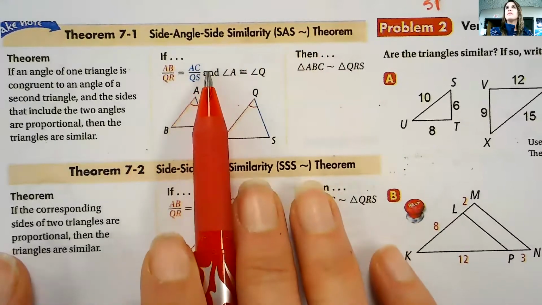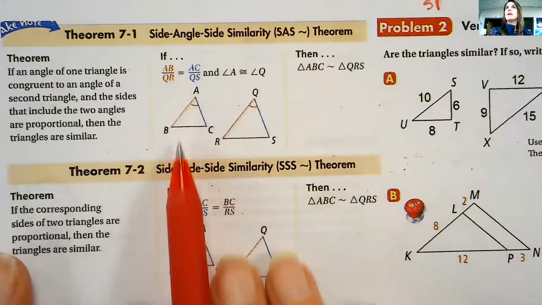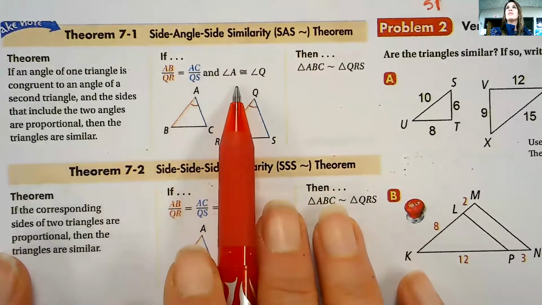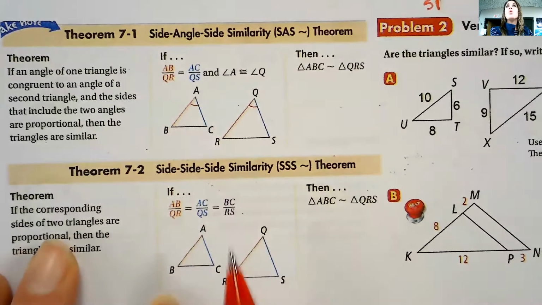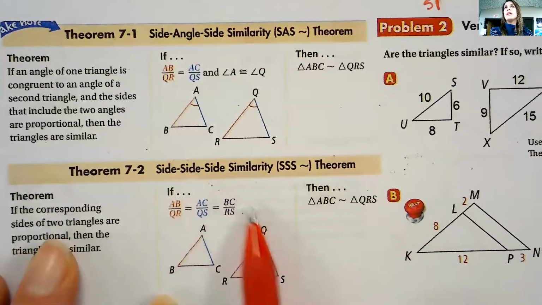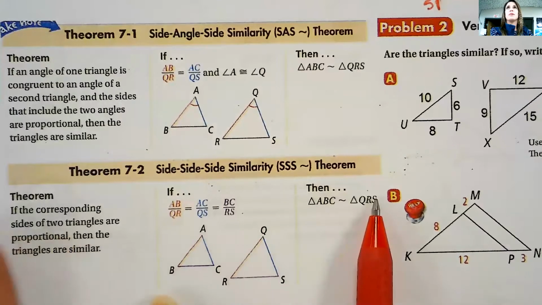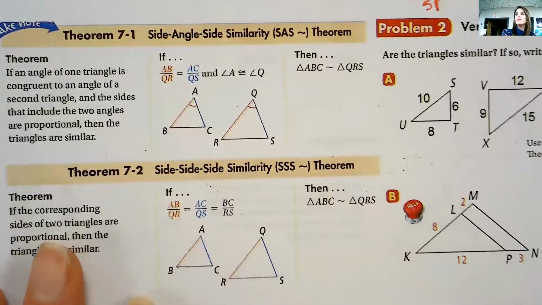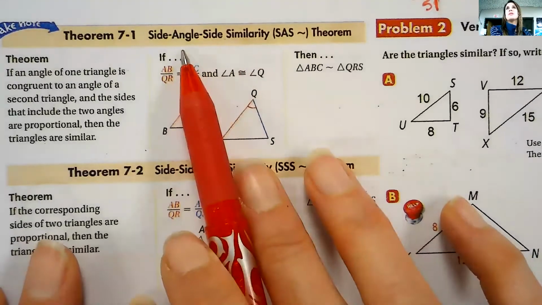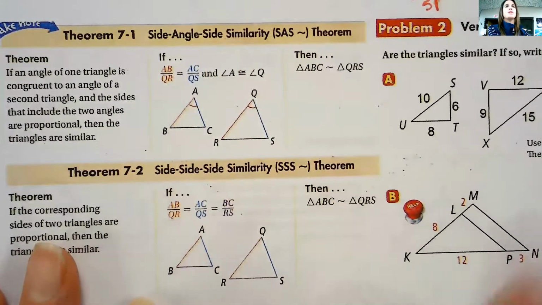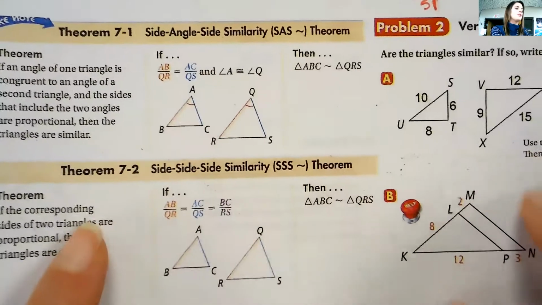Okay, so that's shown here. So you have to check and see, are two of the sides proportionate? And do we have a congruent angle? Then you can tell the triangles are similar. Or do you have three proportionate sides? You can tell that the triangles are similar. Okay, so now we have with just two angles that are congruent, two proportionate sides with a congruent angle, or three proportionate sides, we can tell that triangles are similar.